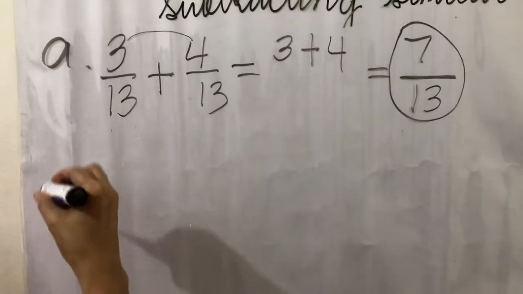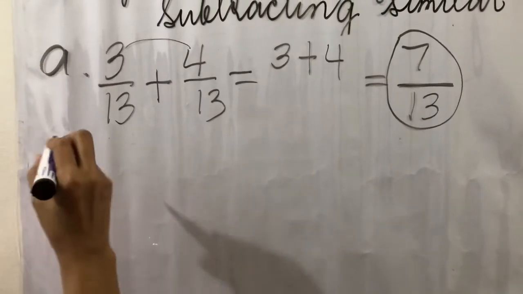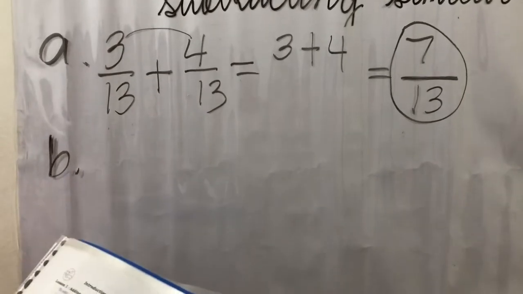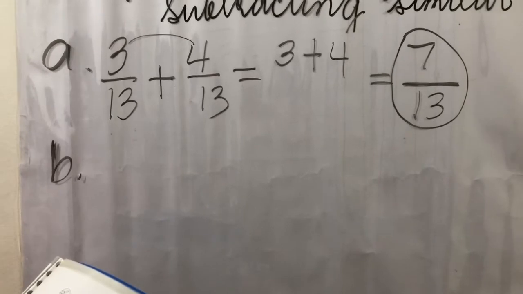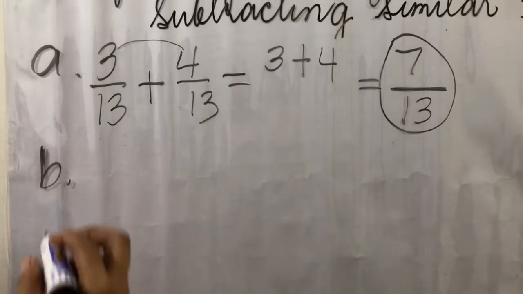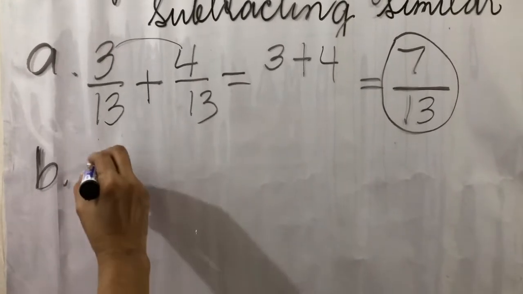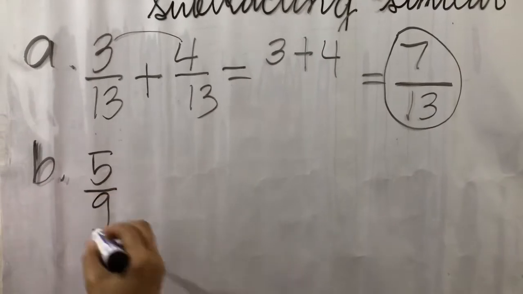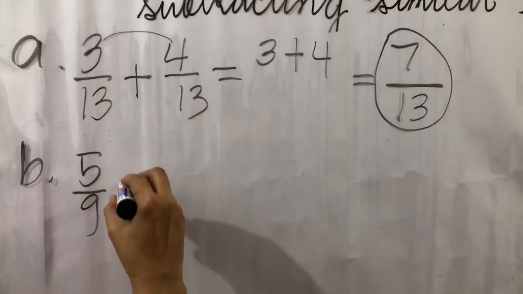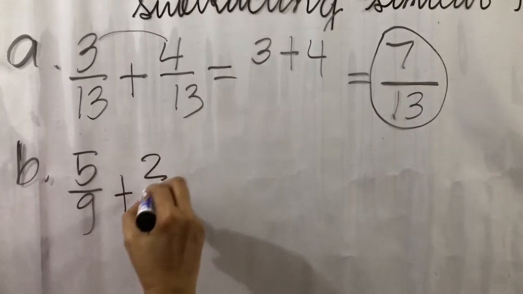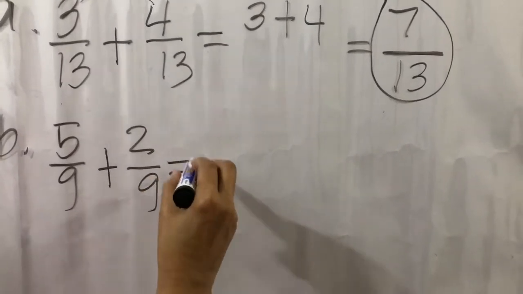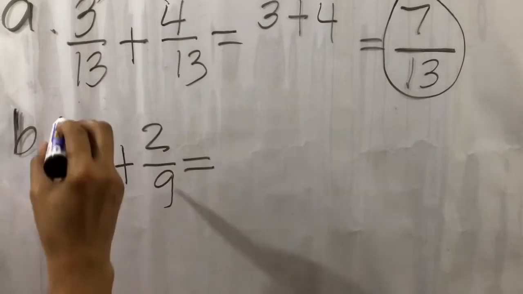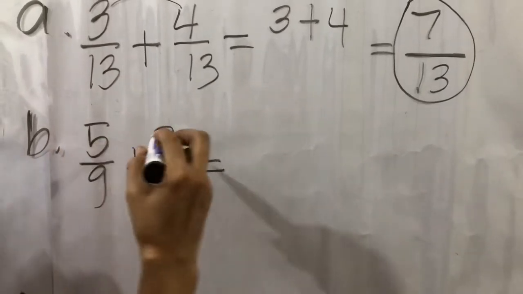So let's go to letter B. 5/9 and 2/9. The number sentence for that is 5/9 plus 2/9 equals. So you're going to add the numerators 5 and 2.